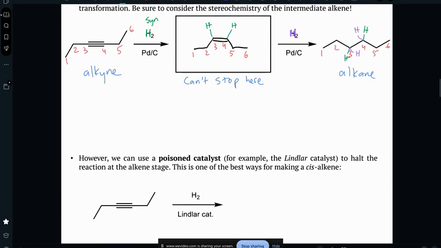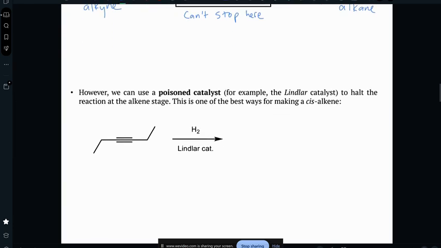But chemists are clever, and we said, well, we would like to be able to stop. So what if we could come up with a catalyst that is reactive enough to react with the alkyne, but won't react with an alkene? And after tinkering with different formulas, a number of different poisoned catalysts have been developed. Poisoned catalyst just means it's a little less reactive than just pure palladium on carbon.